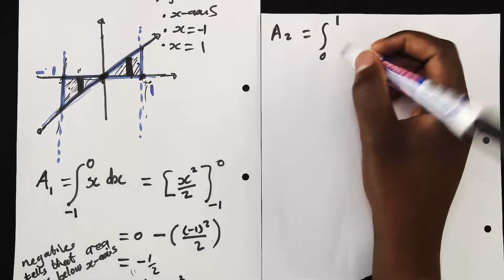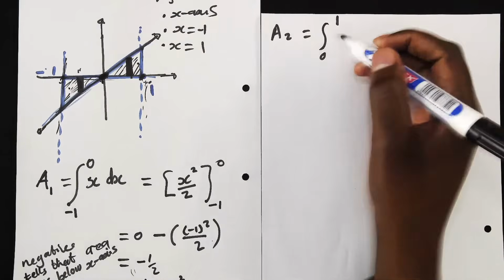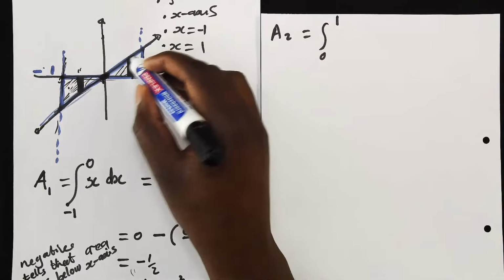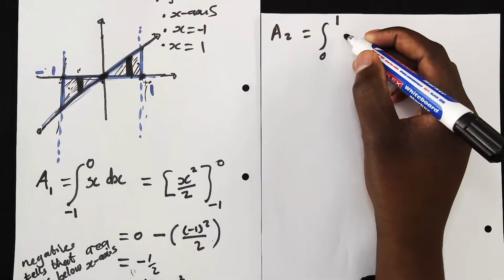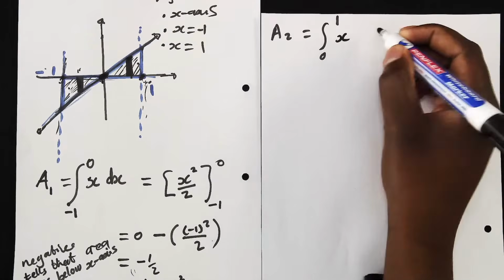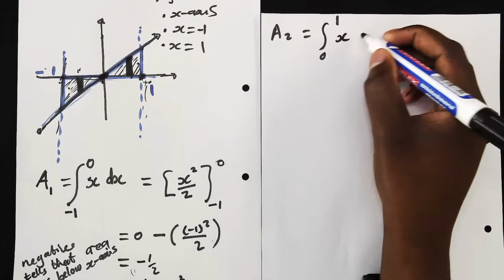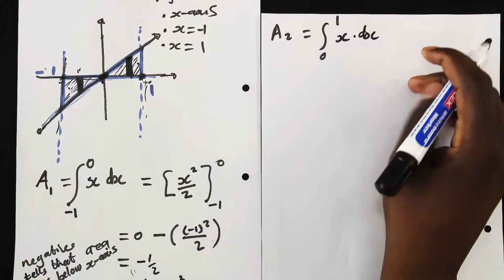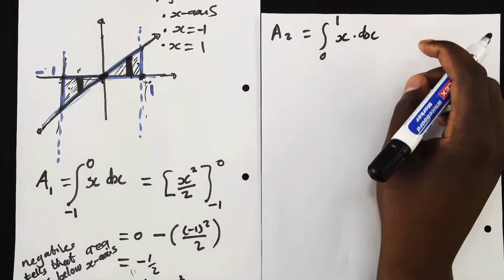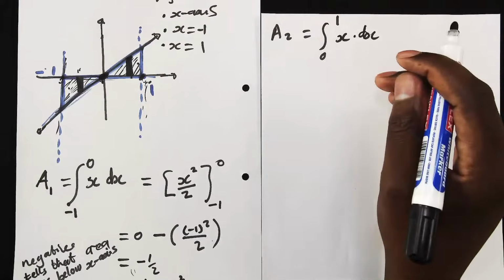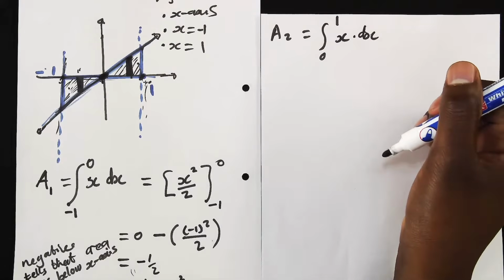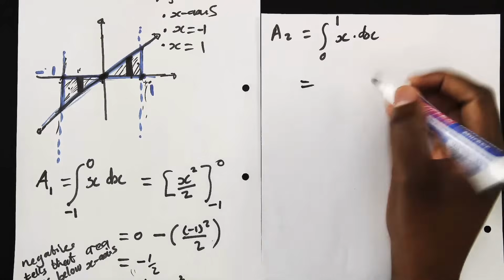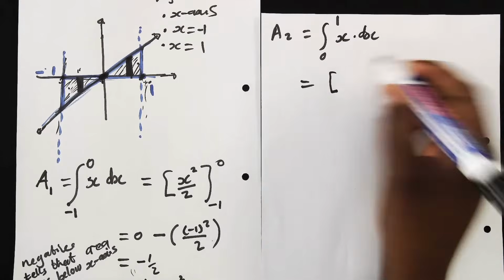Okay, so as I mentioned, the rectangular strip still touches y equals x. So we just put y, the width there, as x times dx. It's always the function multiplied by dx, in terms of the function that was derived. So when we integrate, the integral is still the same.